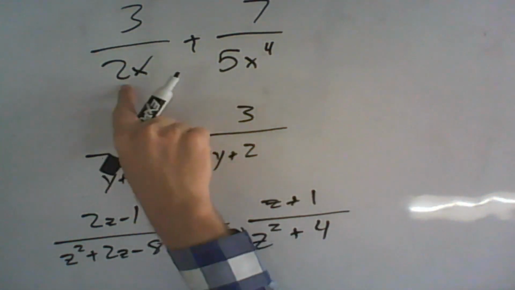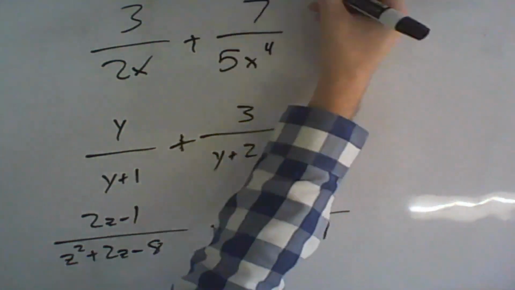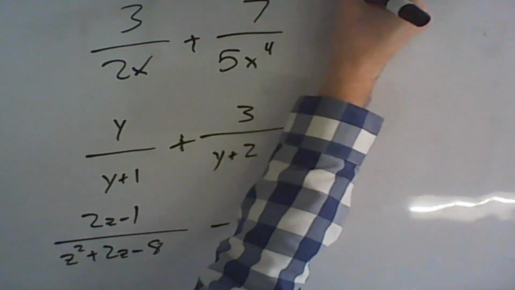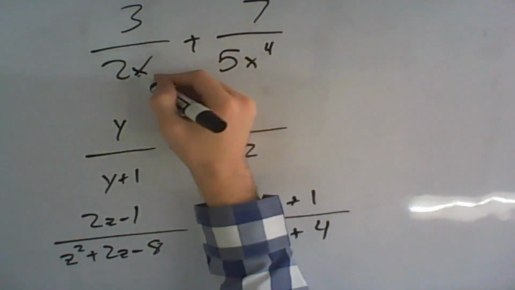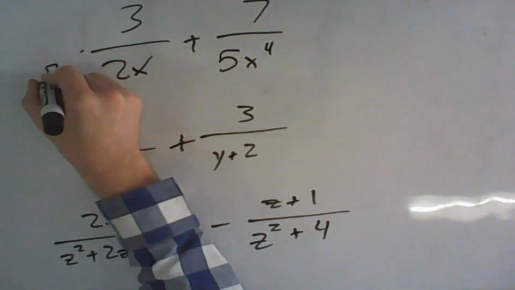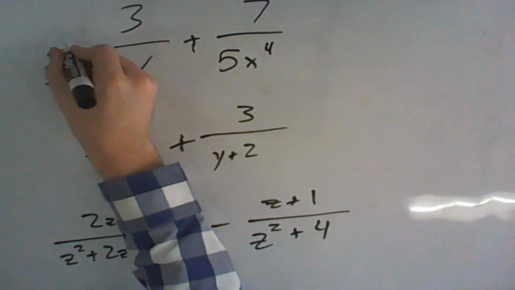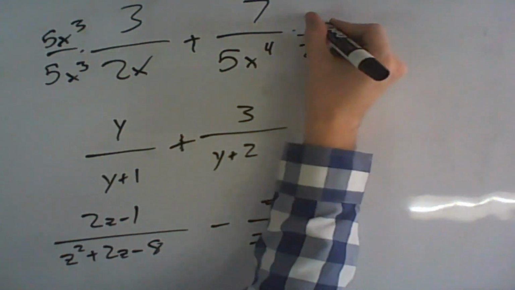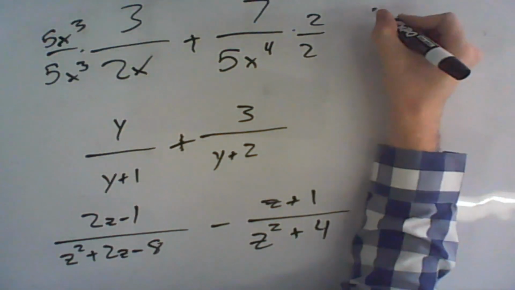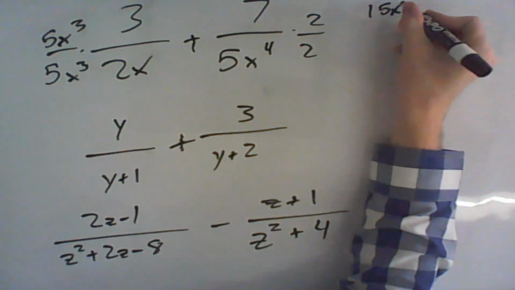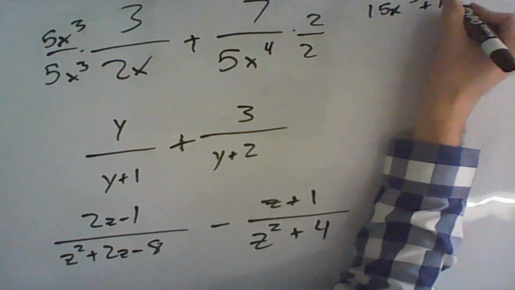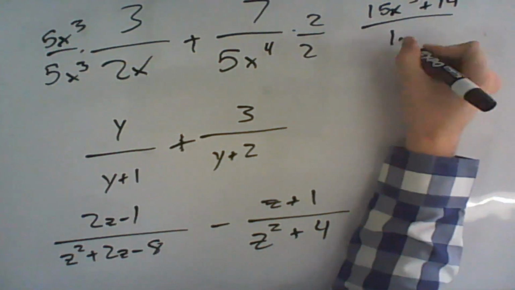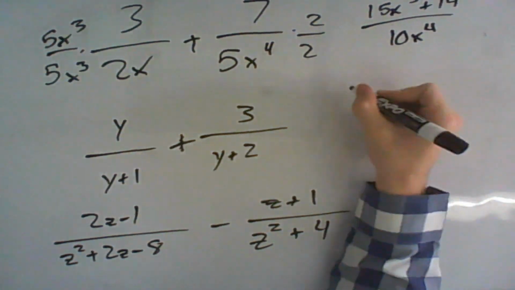The first one, the least common denominator, is going to be 10x to the 4. So the first one needs to multiply by 5x cubed over 5x cubed. This needs to just multiply by 2 over 2. So we get 15x cubed plus 14 over 10x to the 4.